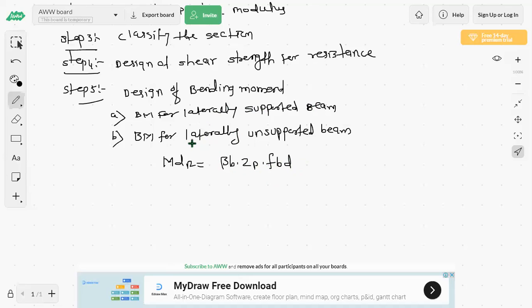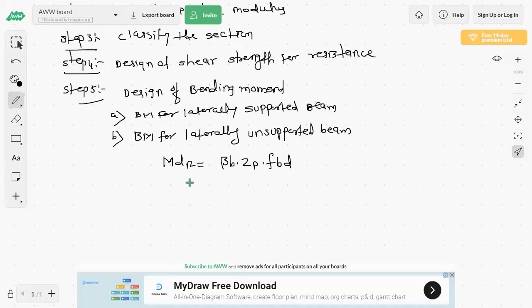For laterally supported beam, the design bending moment had Fy here, and for the laterally unsupported beam, FBD is there. So this is the difference, FBD.